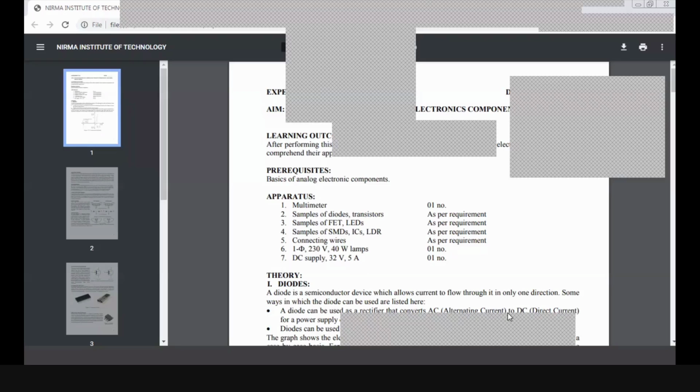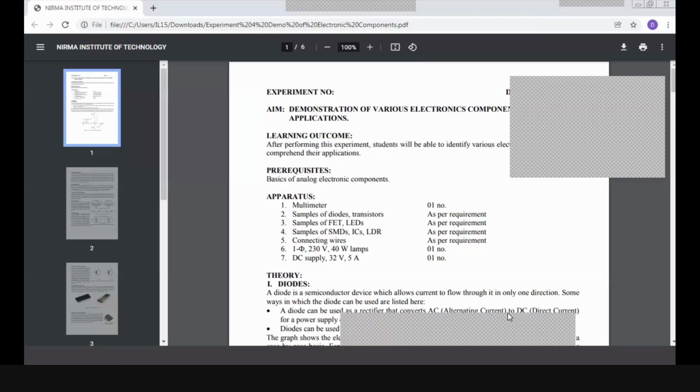So all of you able to see the screen? Lab manual? Yes, ma'am. Right. So this is the experiment number 4.